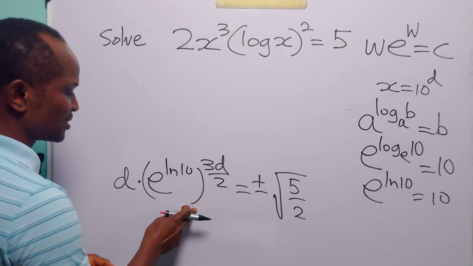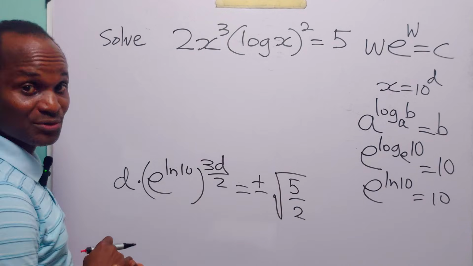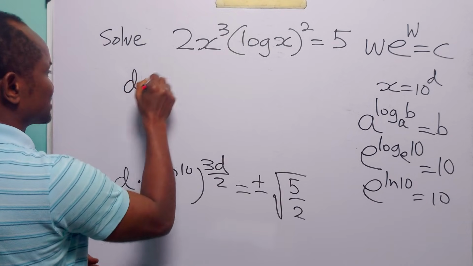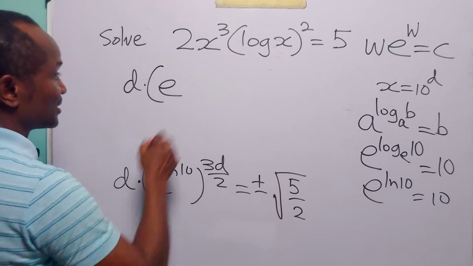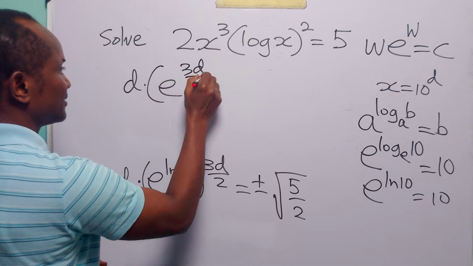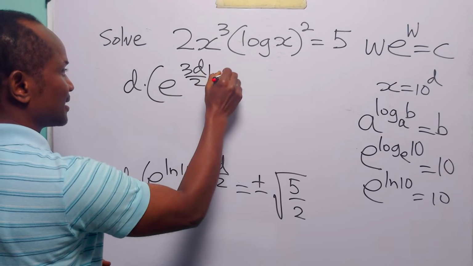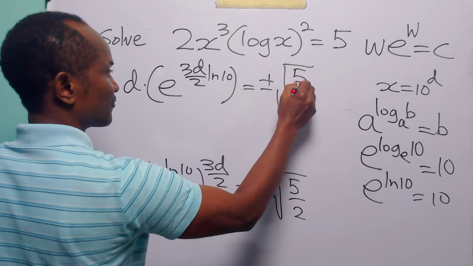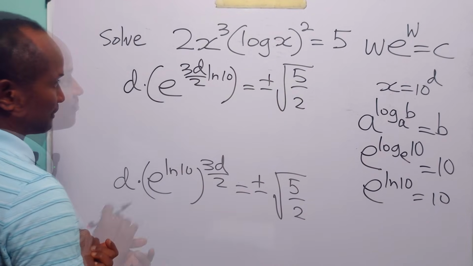And once more, to open this bracket, we multiply these two powers. So we have d times e to the power 3d over 2 times ln 10 is equal to plus or minus the square root of 5 over 2.